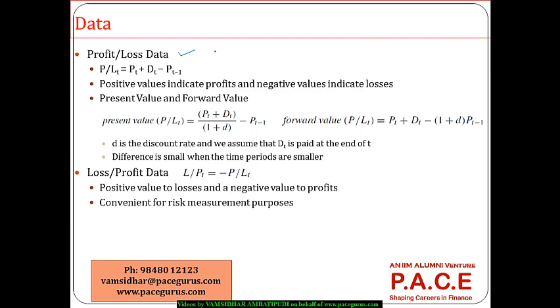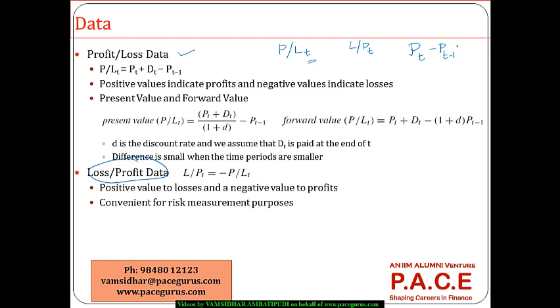One is called profit to loss data. The other is exactly opposite, loss to profit data. Generally, profit to loss is represented by P/L_t, whereas loss to profit is represented by L/P_t. Whenever I have to compute the profit at a point t, I am looking at it as the price at point t minus the price at point t minus 1.